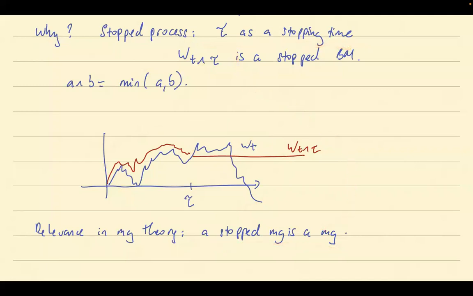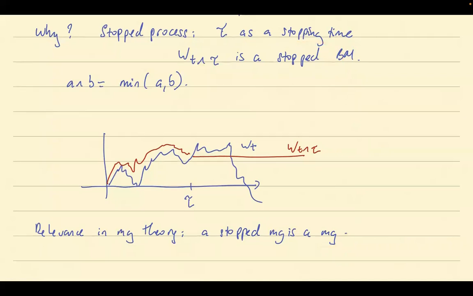That's the relevance, and that will show up in American options: you cannot beat the option price by choosing a strategy that somehow exercises optimally as long as you don't look into the future.